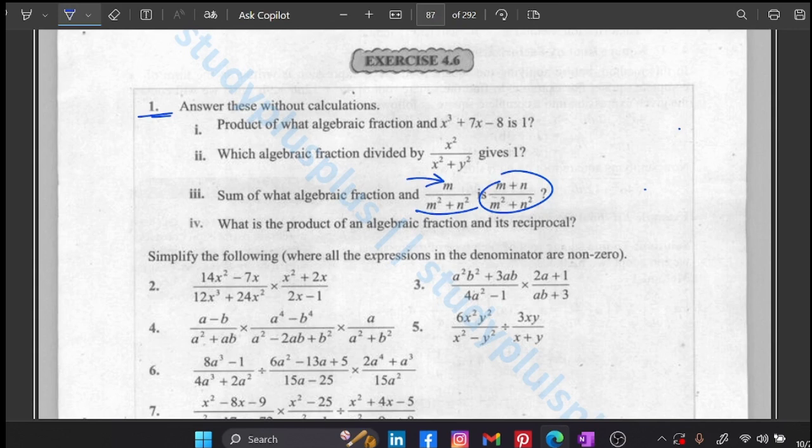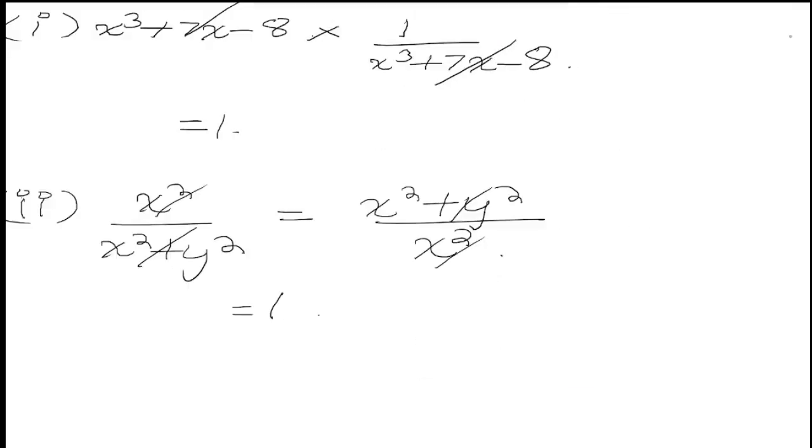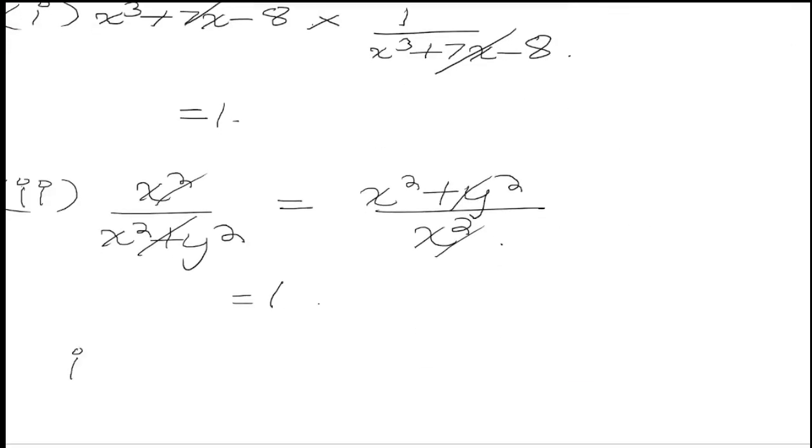We need to add some algebraic fraction to it such that our answer will be m plus n divided by m square plus n square. So how can we tackle this problem? So first, let's write this. I'll just write part 3 first. And now I'm going to write m over m square plus n square.